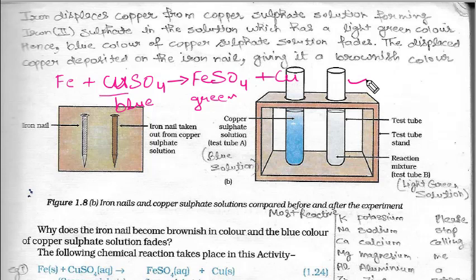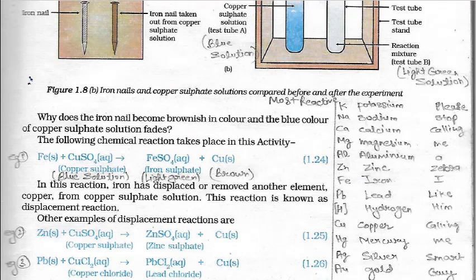So this solution will be of light green color, and this copper which got separated out will be deposited on the iron nail, due to which the iron nail becomes reddish brown in color. You can see here the iron nail taken out from the copper sulfate solution is reddish brown in color. Why? Because copper got deposited on these iron nails.